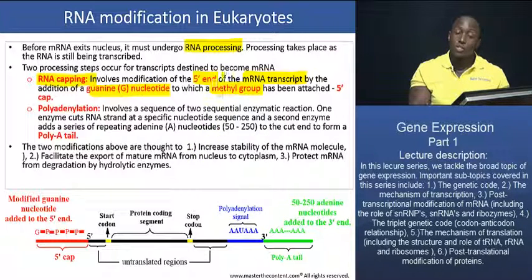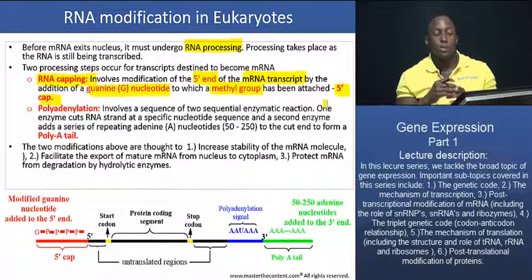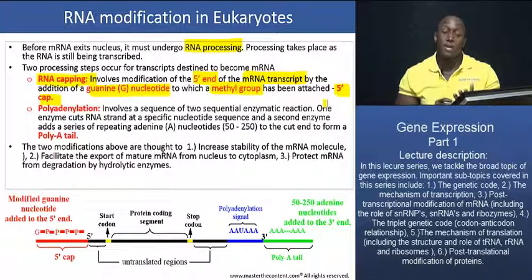We call this structure the 5' cap. So a guanine nucleotide with a methyl group attached is added to the 5' end of the mRNA transcript to form the 5' cap. That process is called RNA capping. That's the first thing that happens in the processing of mRNA.